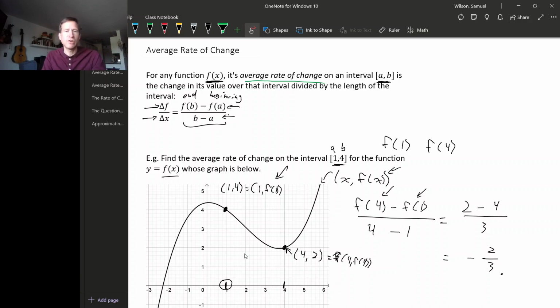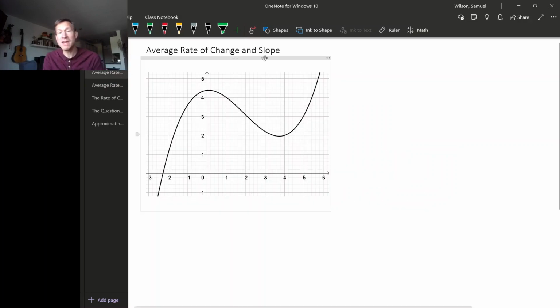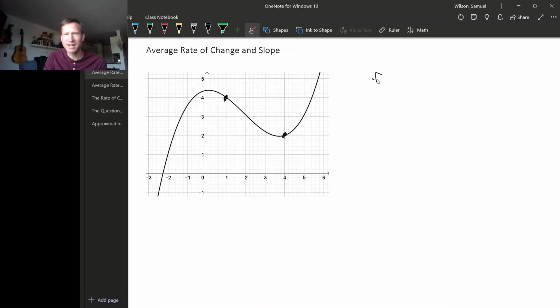Okay, so if you have a graph for a function, or if you have a formula for a function, you can find the average rate of change of the function over any interval just by using this formula. No doubt a familiar calculation. Well, you may have noticed when we did this calculation, we had these 2 points. We calculated f of 4 minus f of 1 over 4 minus 1.